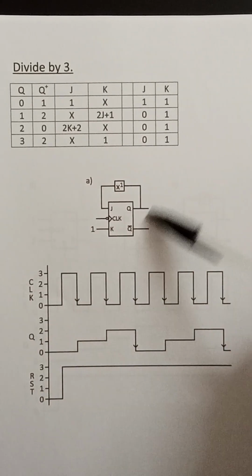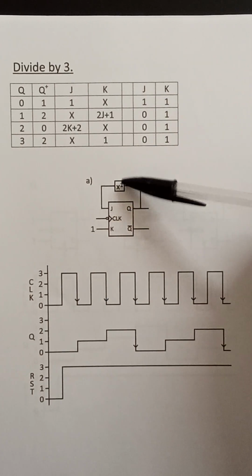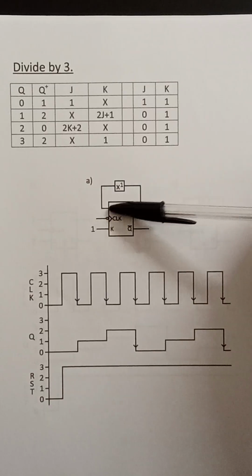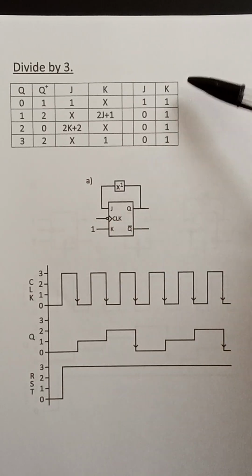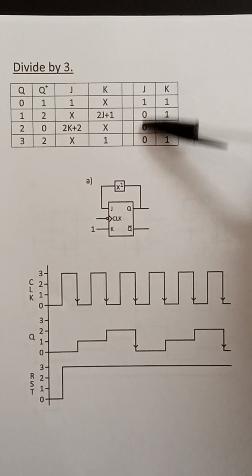So here we have the circuit diagram with the X1 unary operator from the Q to the J and K set to 1. K is 1 there, and that's the output from X1.